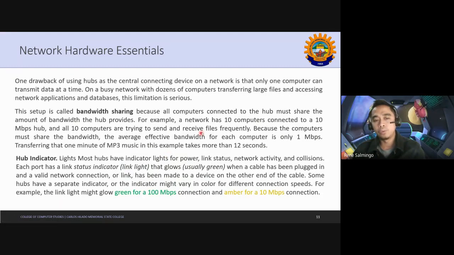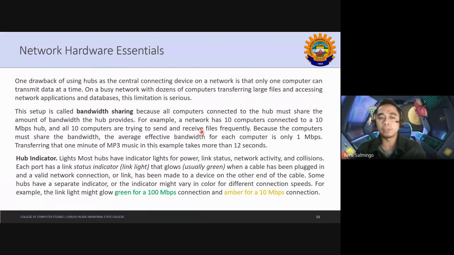So what is bandwidth sharing? Because all computers are connected to a hub, they must share the amount of bandwidth. For example, 10 computers are connected to a 10 megabit per second hub, and all 10 computers are trying to send and receive files frequently.